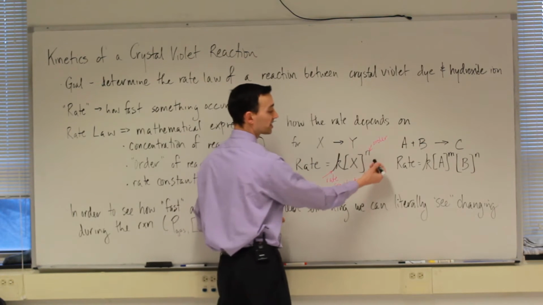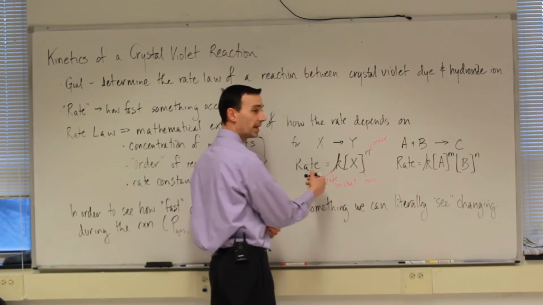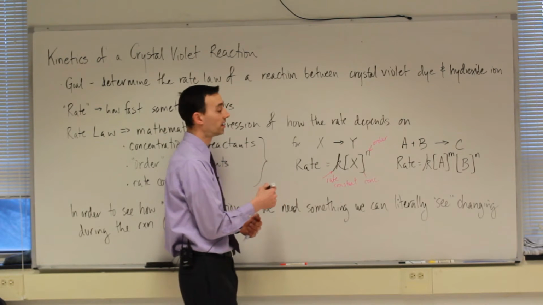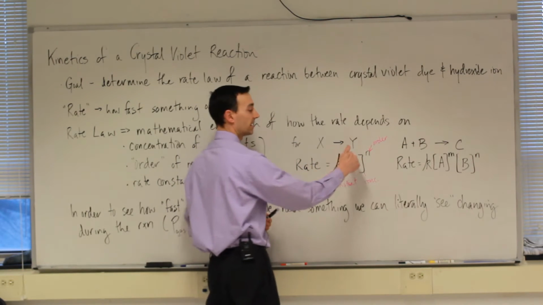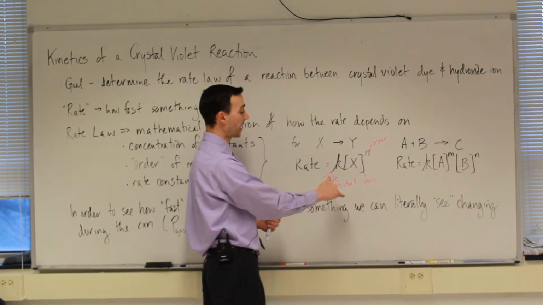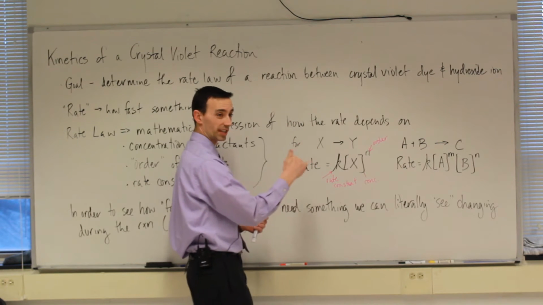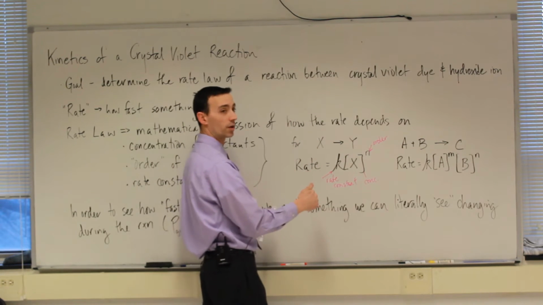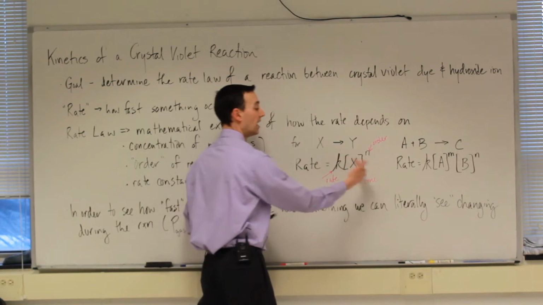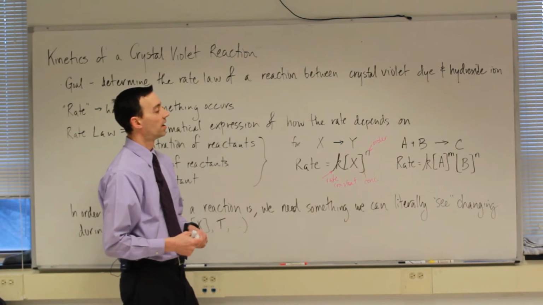If a reaction is second order, if you plug in a 2 here, the speed of the reaction depends on the square of that concentration. So now as the amount of reactants decreases during the progress of the reaction, when you square that number, it's going to get smaller very quickly, and so your speed is going to slow down. All right? So that's the effect of the order of the reaction.